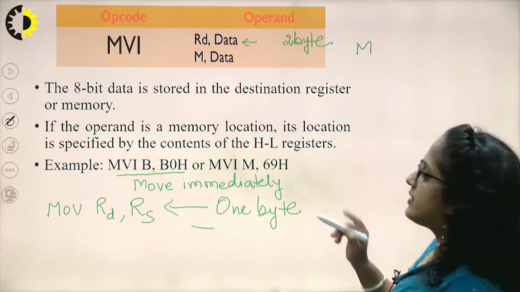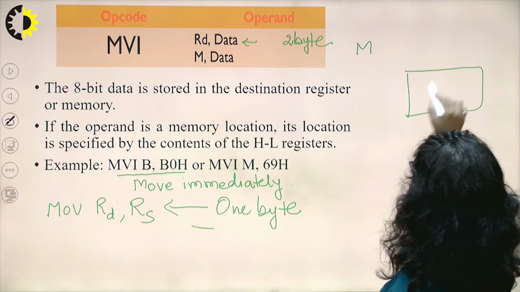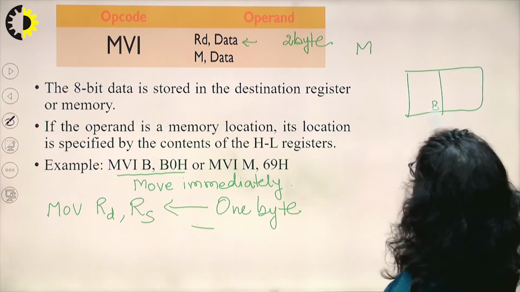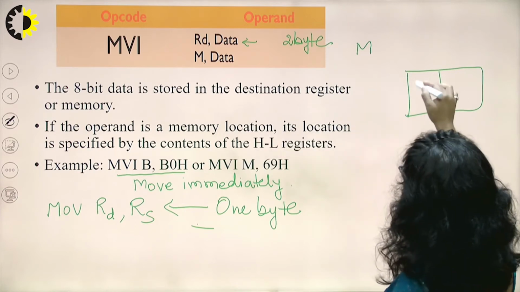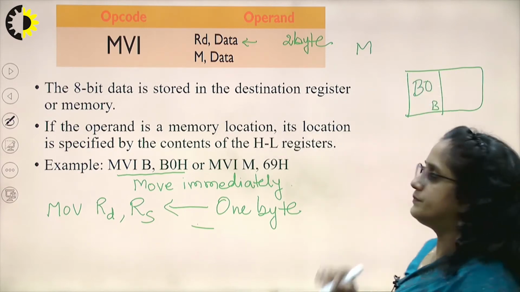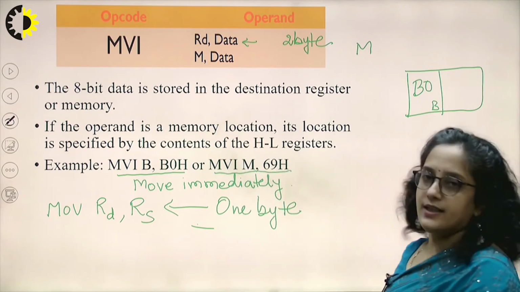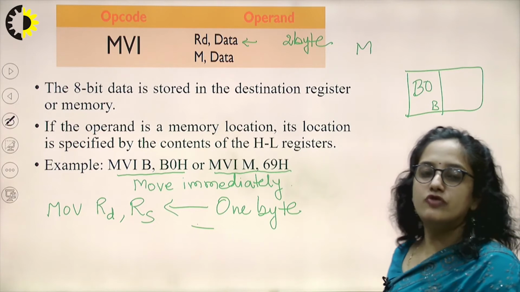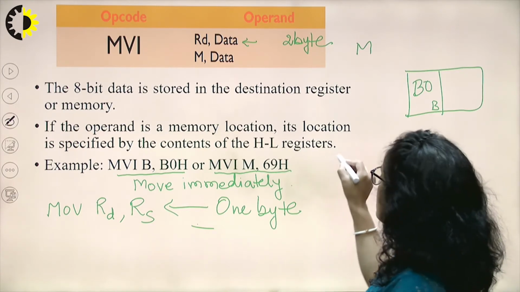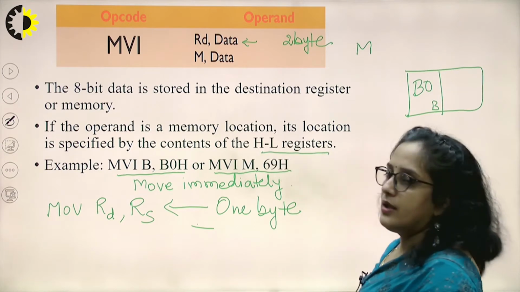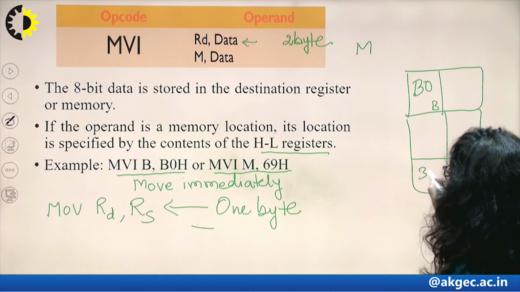When this instruction is executed, the B register, which initially was 2A, is overwritten and B0 is stored there. Now for the instruction MVI M comma 69H, when it is fetched and decoded, the microprocessor comes to know that it has to check the HL pair. Let's take, as initially, HL as 30 and 50.